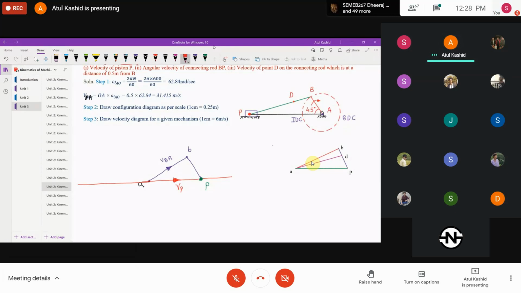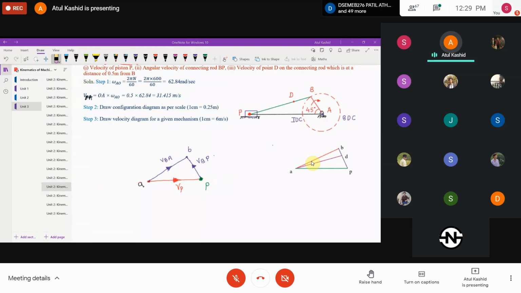Then if I draw the arrow like this, this is the velocity of B with respect to P. Now I will erase the additional lines, and this is my final velocity diagram.